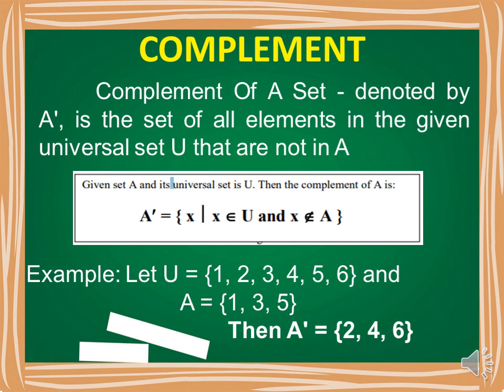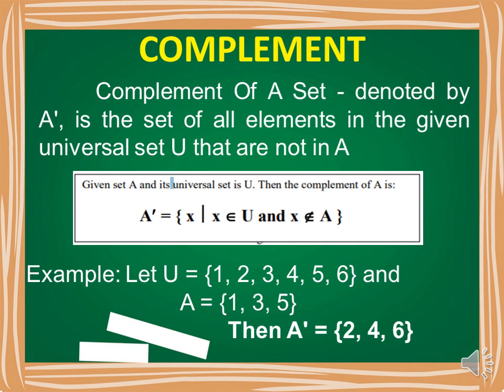So let's take, for example, this one. Let U be the universal set equals 1, 2, 3, 4, 5, and 6, and A we have 1, 3, 5. Therefore, the A prime or the A complement is, okay, so what are the elements in the universal set which are not elements of A?